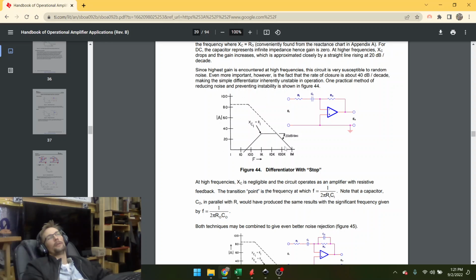That would be up here, right? No, that would be here. This is the amplifier. This is the frequency.